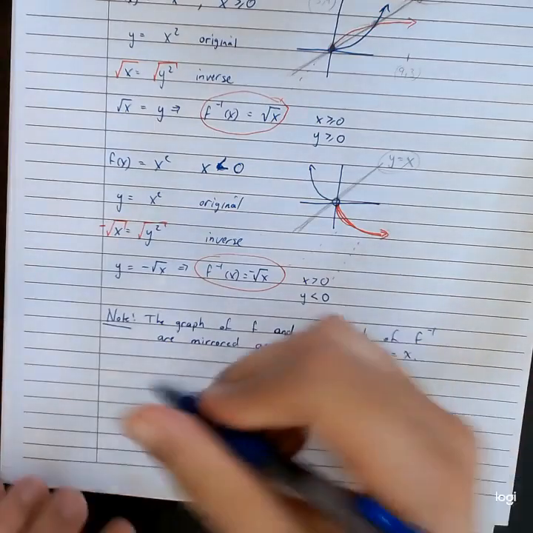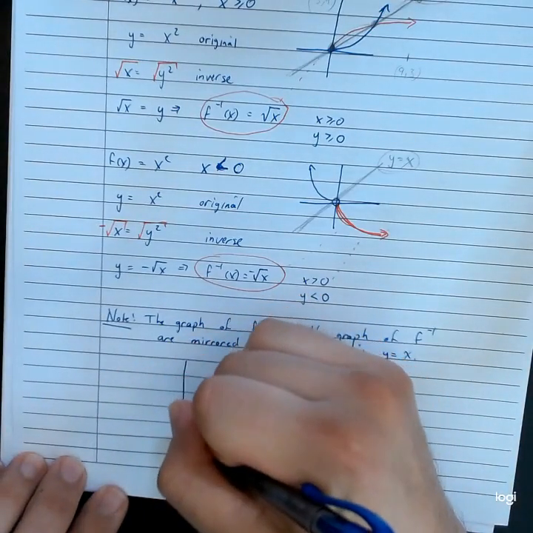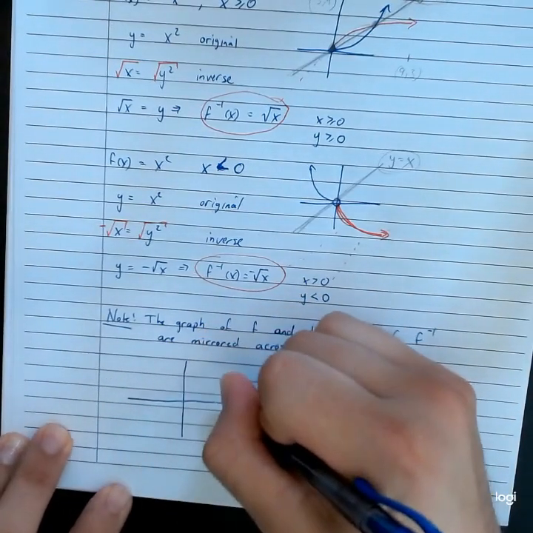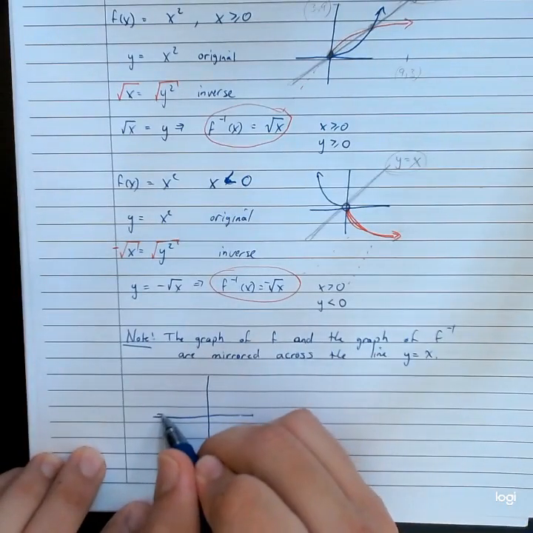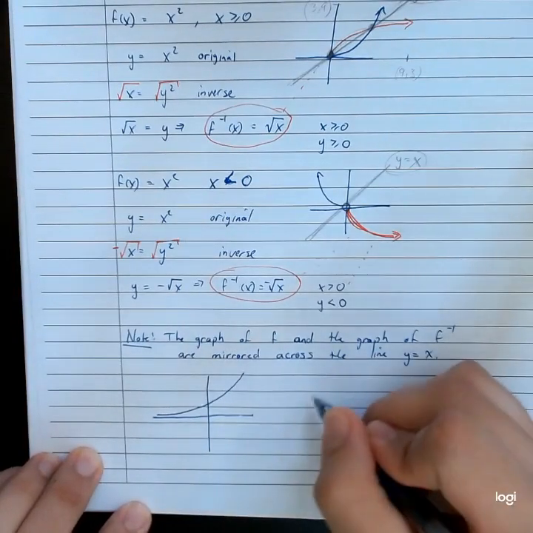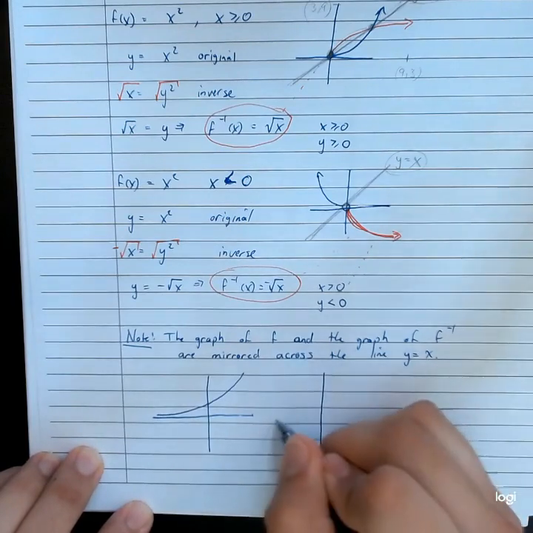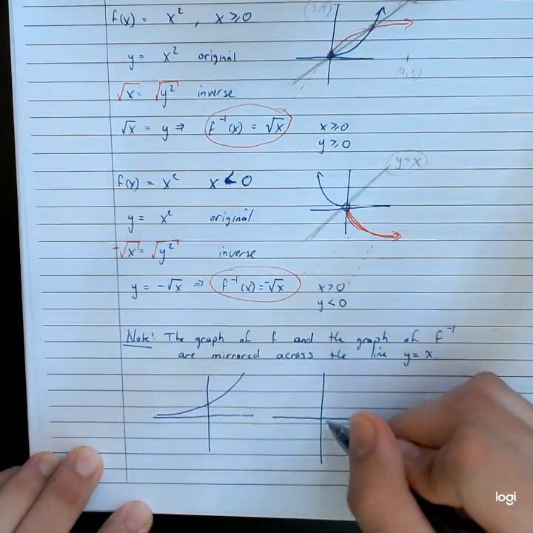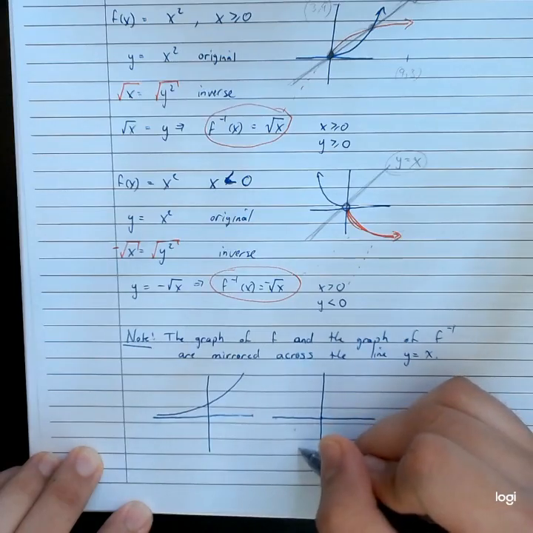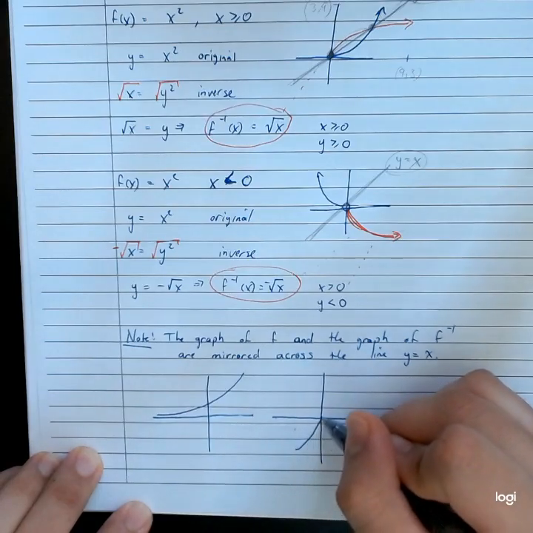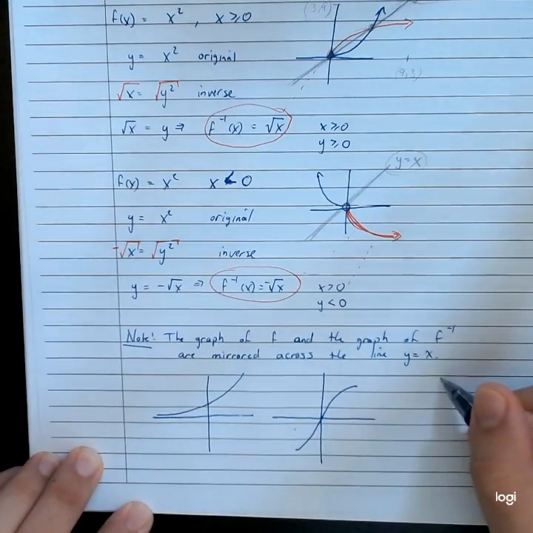Right. So as a quick example of that, let's say you have a couple of graphs. Say we have this one here. Let's say we have this one here. And let's say we have this one here.